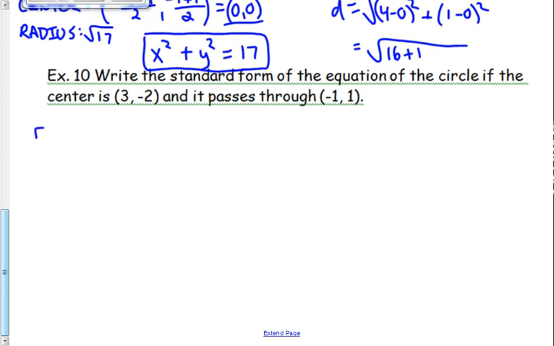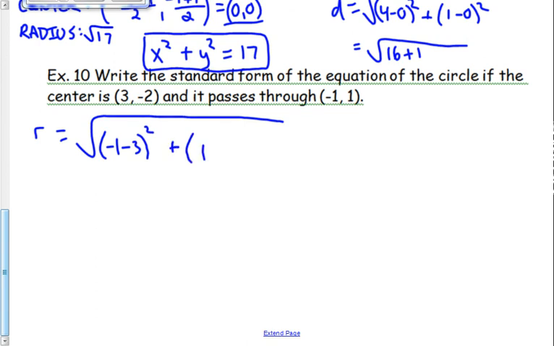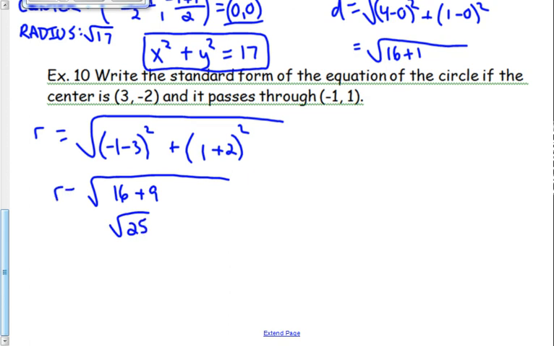So r is equal to the square root of -1 minus 3 quantity squared plus 1 minus a -2, so plus 2 quantity squared. So that's -4 squared, so that's 16. And that's 3 squared, so that's 9. So that's the square root of 25. So r is 5.